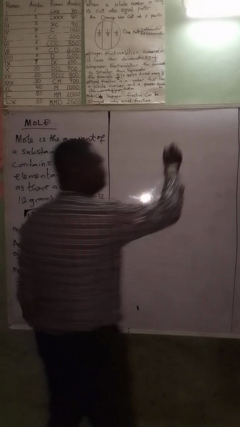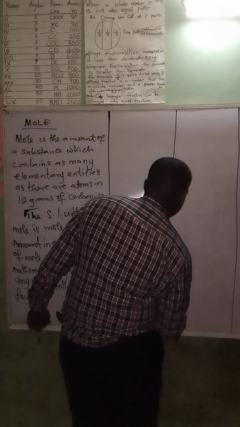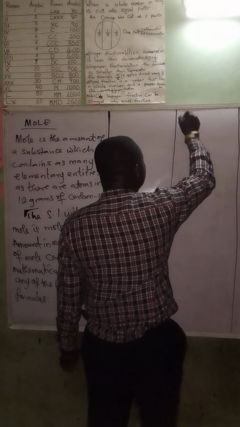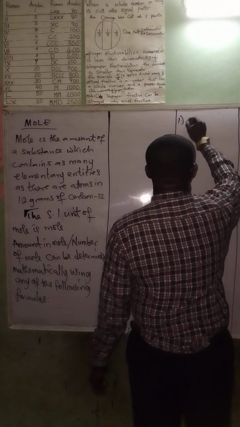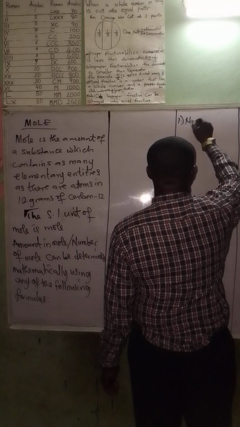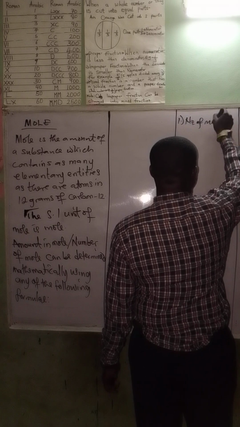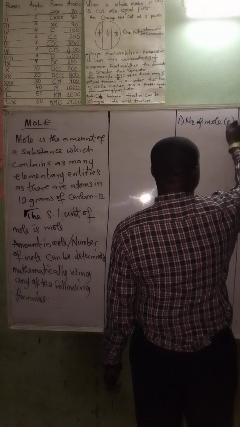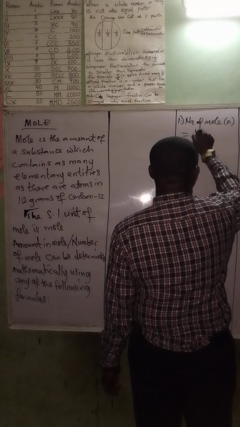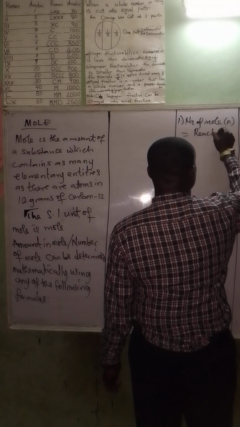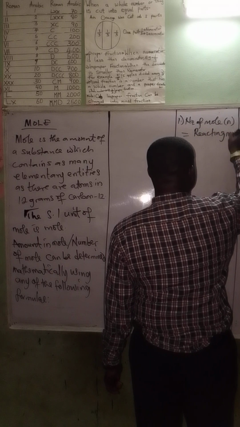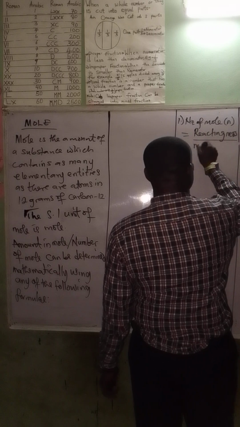Now, the first one, which is the most popular one, is number of mole, which is N, is equal to reactive mass over molar mass.